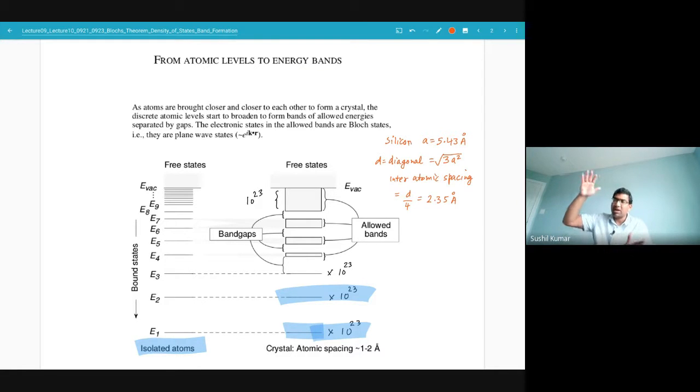The diagonal of this large cube is square root of 3 times a. And so when you calculate the interatomic spacing, which is also called the monolayer, or 2 times the monolayer, I forgot, that's 2.35 angstrom in silicon.